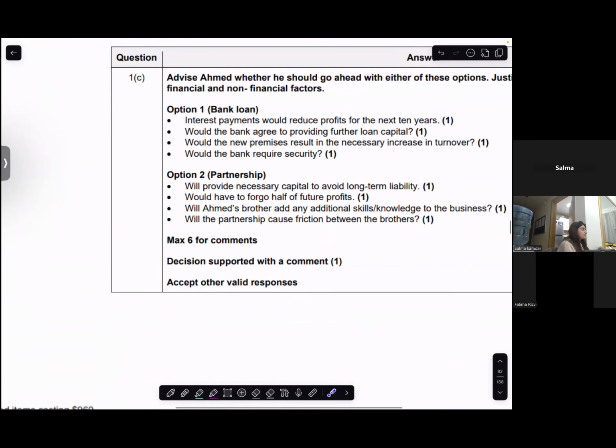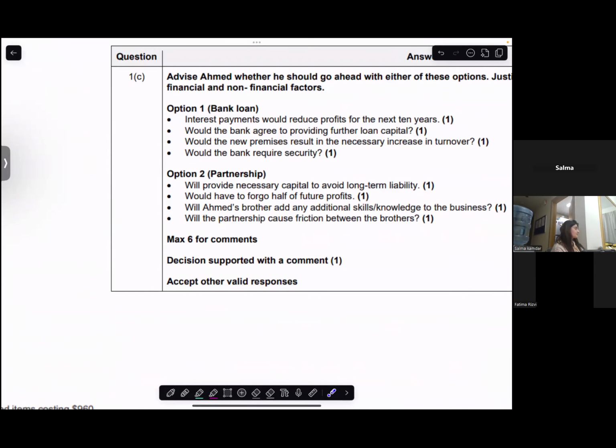If he takes a loan, it has to be repaid with interest. Interest would reduce the profit. There are too many formalities involved. Okay, the bank might give you, they might not give you. Liabilities will increase. If he has somebody else, okay.